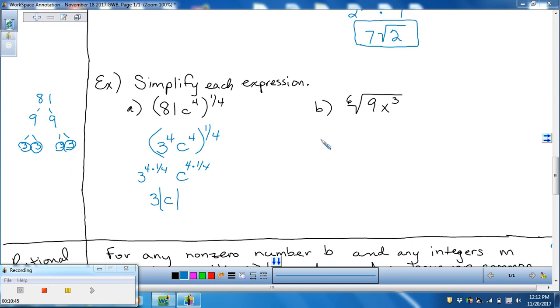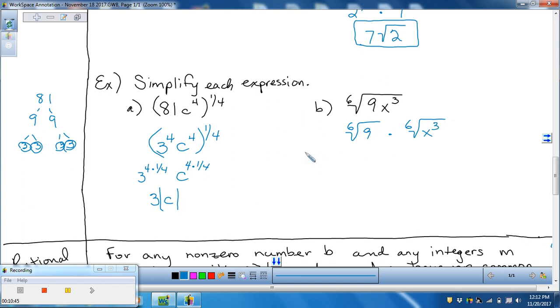Alright, example B. The 6th root of 9x cubed. First thing we're going to do is separate this into 2 pieces. We're going to call it the 6th root of 9 times the 6th root of x cubed.